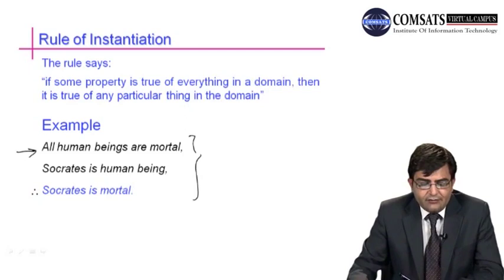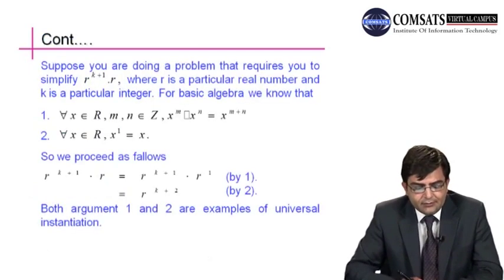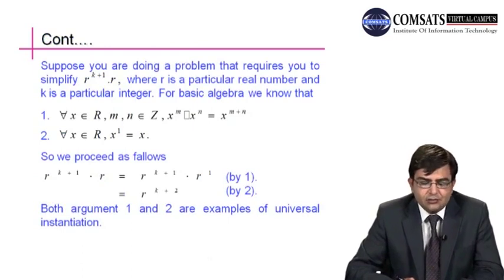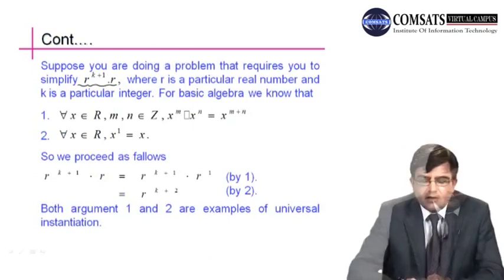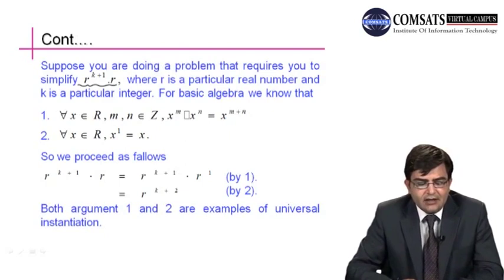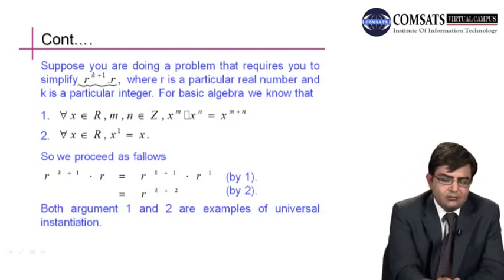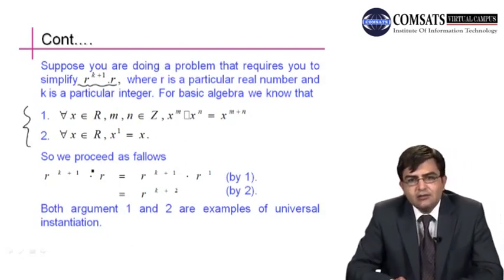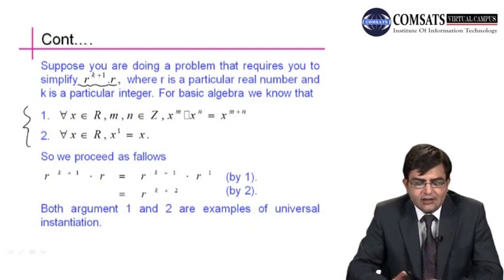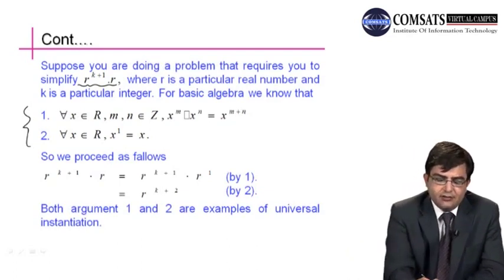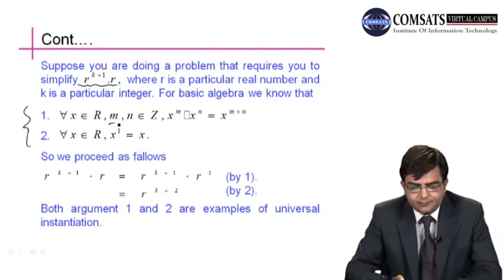If we take another example, suppose you are doing a problem that requires you to simplify this, where r is a particular real number and k is a particular integer. From basic algebra we know that these two rules hold for every real number and for every two integers m and n.